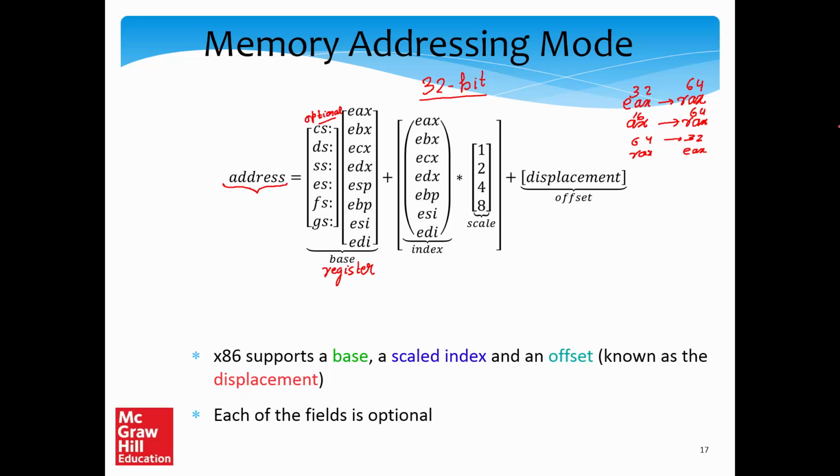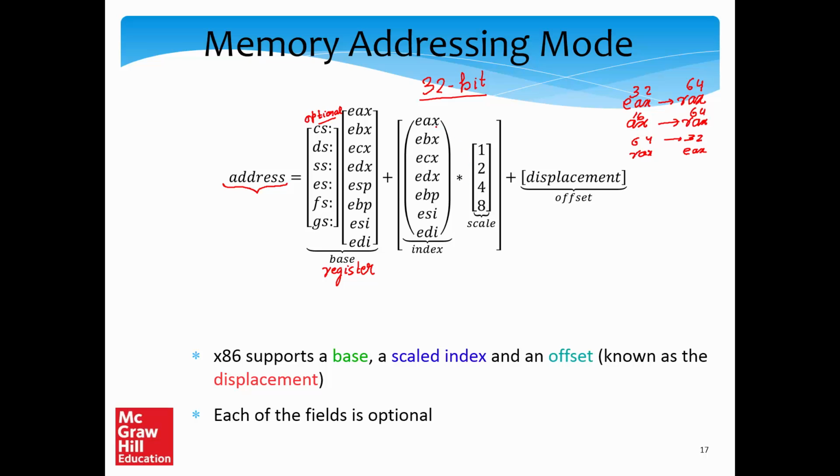Coming back to our present discussion, here we have a base register, where the base register can be any of the first 8 registers, plus a scaled indexed addressing mode, where again the scale is optional.